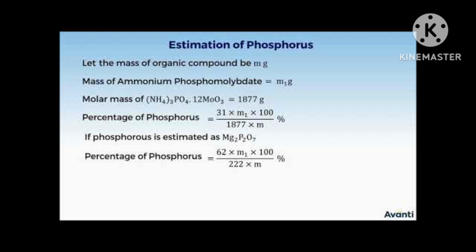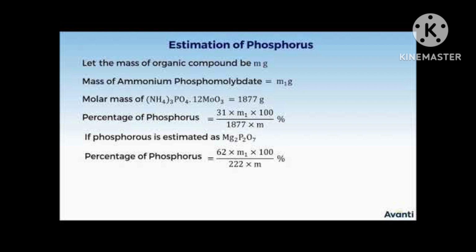Then it is very easy to calculate. The same things you have calculated now, only the values of M and M1 you have to put in the above formula. But here again you have to calculate the molecular mass of barium sulfate: atomic mass of barium plus atomic mass of sulfur plus atomic mass of oxygen into 4, since O4 is there.